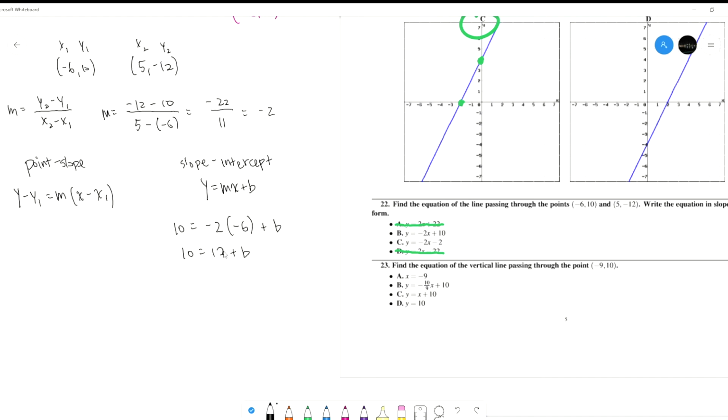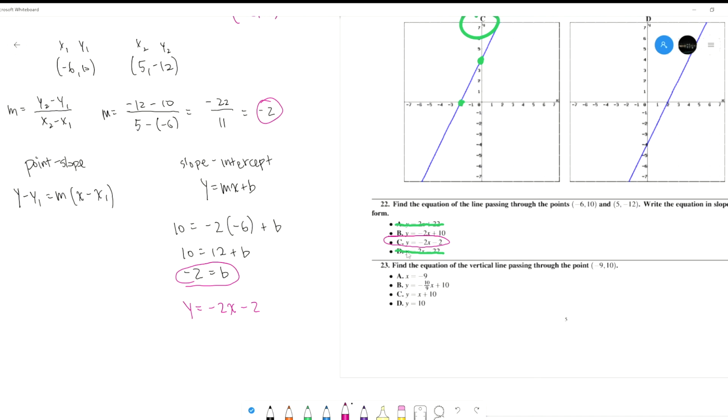So I subtract 12. I get -2 is equal to b. So now I have my -2 and I have my slope. I can combine them as y is equal to -2x minus 2. So that gives me answer choice C. Any questions?